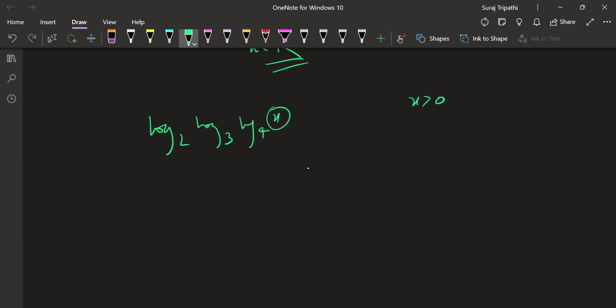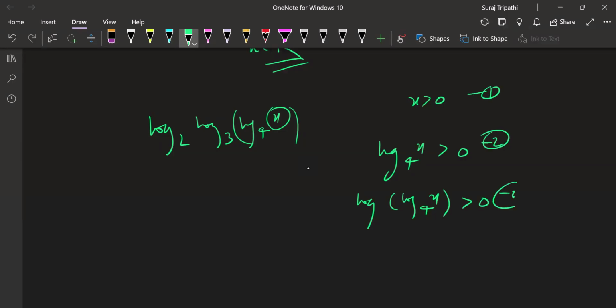Then second, this log of x with base 4 should also be a positive number. And then again, this log of x with base 4 should also be a positive number. So there are three inequalities, 1, 2, 3. We have to solve these three inequalities only.